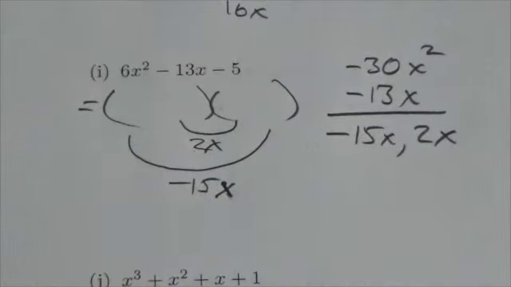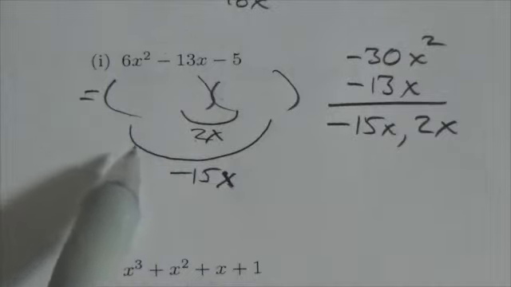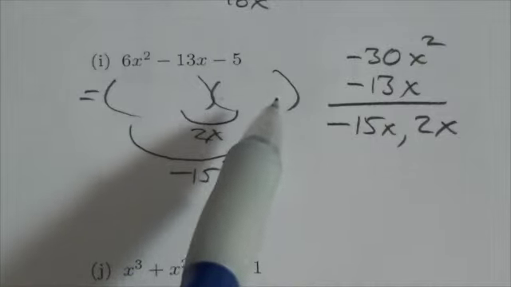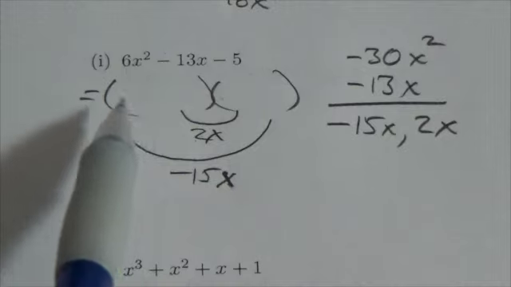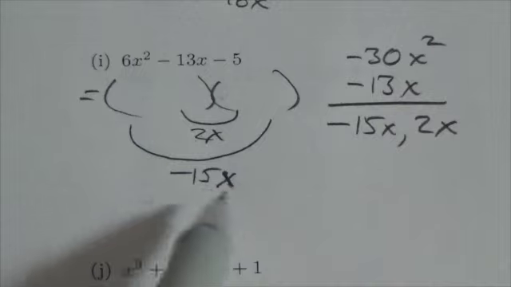So the first two terms in those two binomials, their product needs to be 6x squared. But the first term in this first binomial needs to multiply together with the last term in the second binomial to get negative 15x. So the first term in that first binomial needs to be a factor of 6x squared and negative 15x.